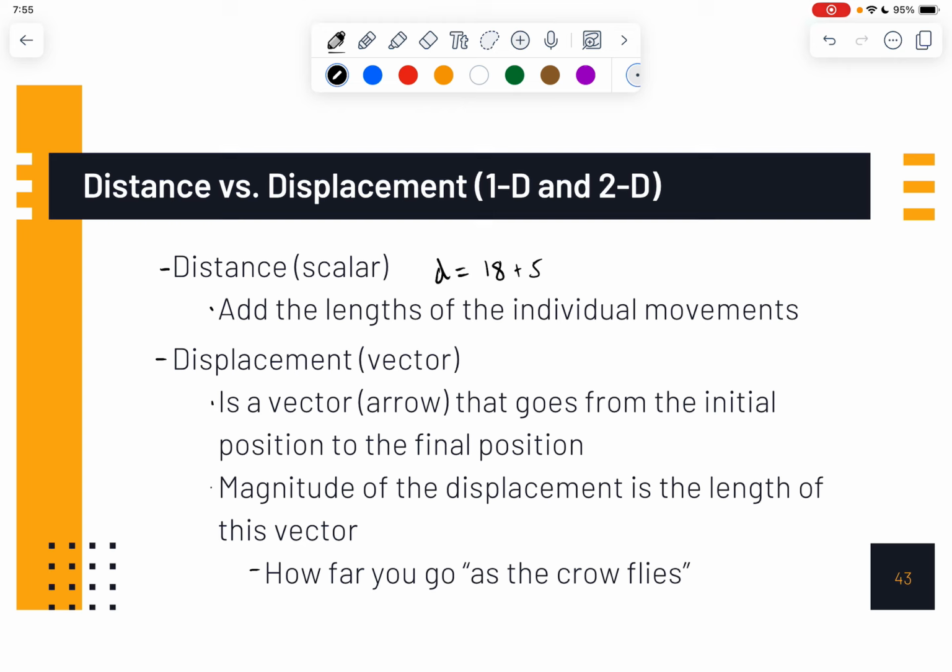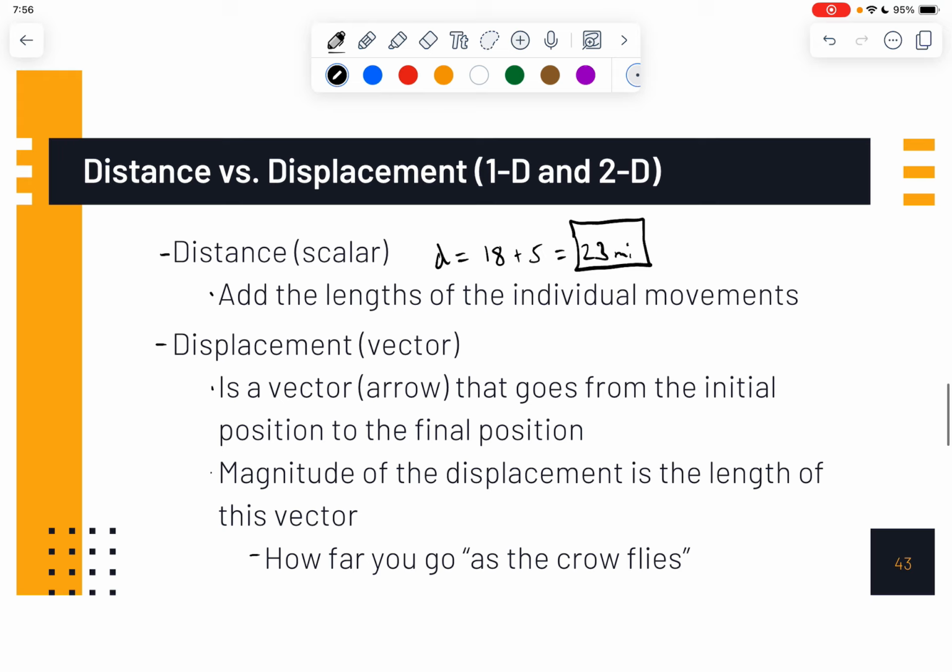So our 18 plus 5 is going to give us 23 miles for our distance. Again, distance is normally the easier one to look at.